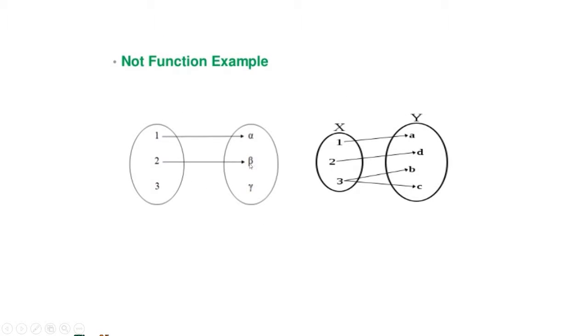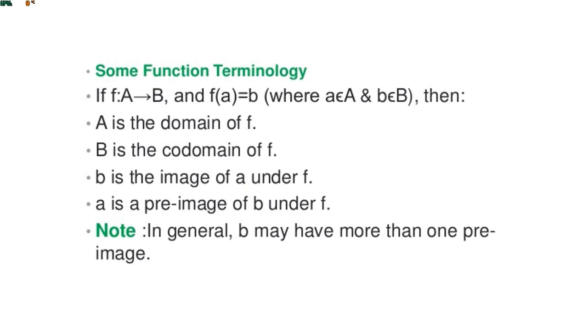A non-function is defined like this, because as you notice, there are some values that are left alone that have no connection to the set Y, just like the 3 and the Y here. That's not allowed in a function, as well as this one-to-many, which is noted in the definition of functions.